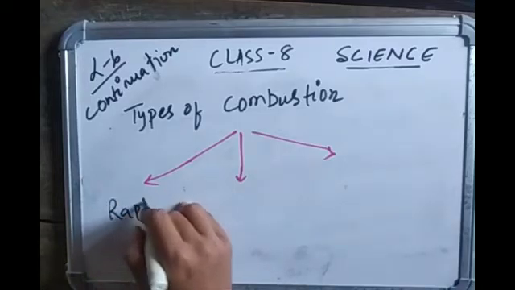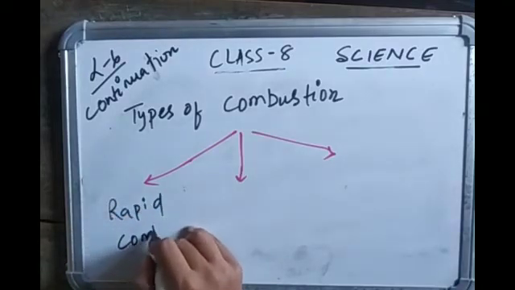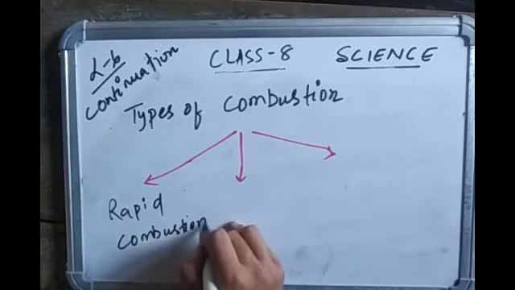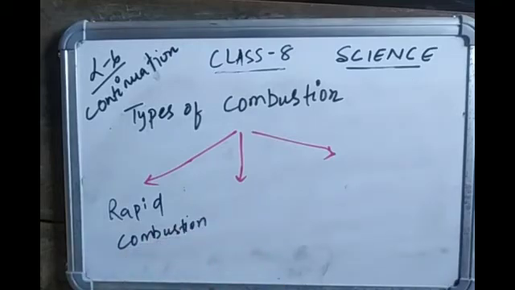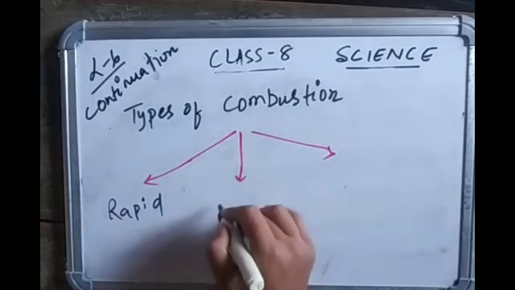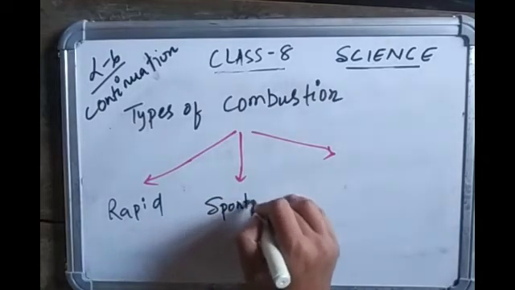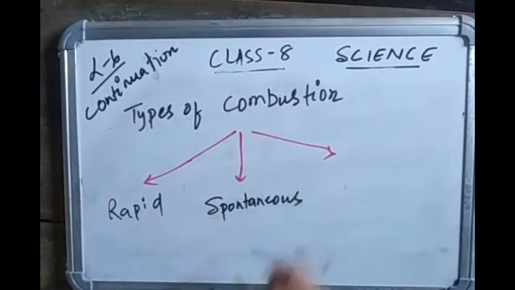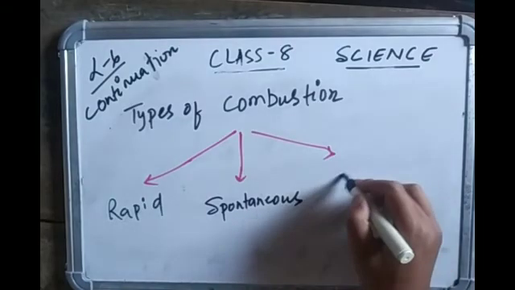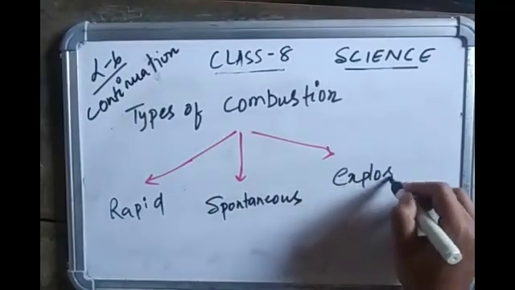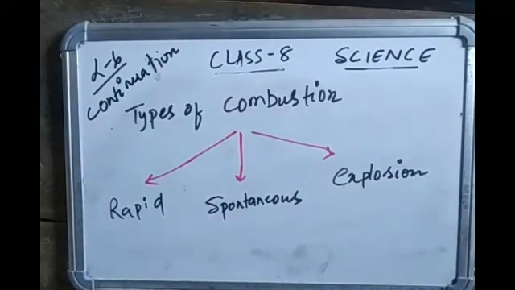In your textbook, three types of combustion are given. One is rapid, the other one is spontaneous, and the last one is explosion.